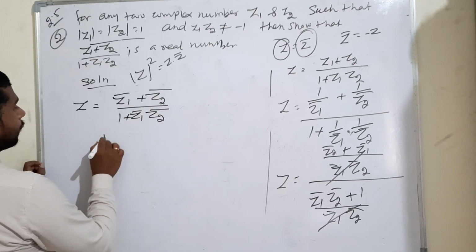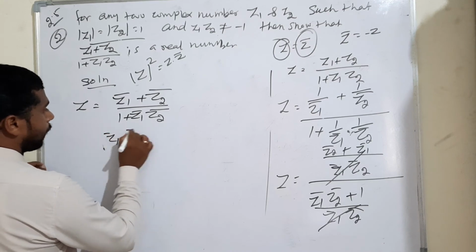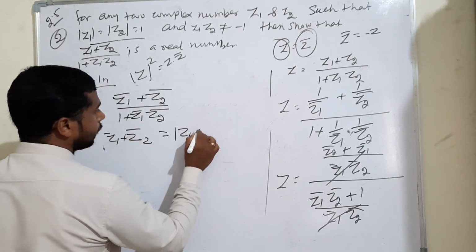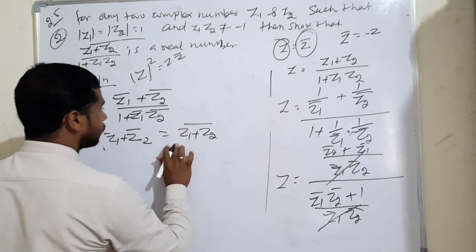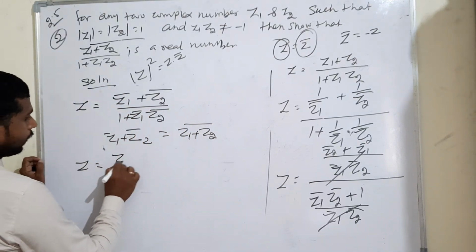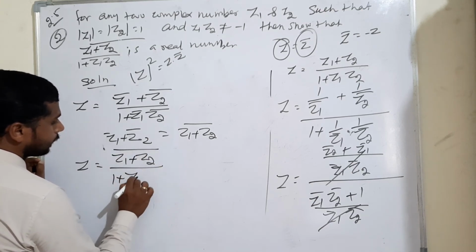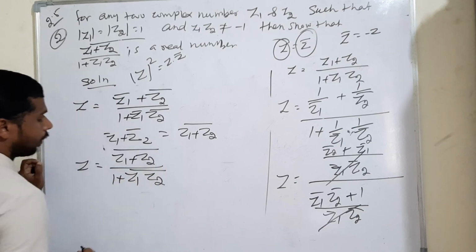Already we know one property: z1 bar plus z2 bar is the whole bar of z1 plus z2. So we can write z is equal to z1 plus z2 the whole bar divided by 1 plus z1 z2 the whole bar.